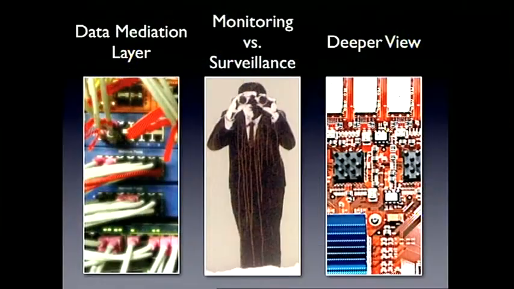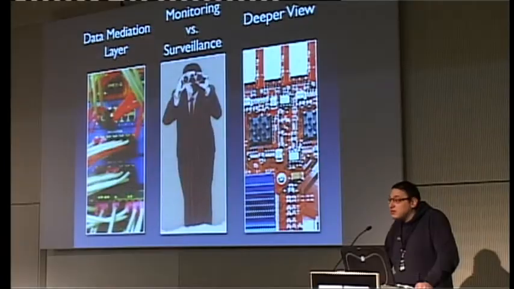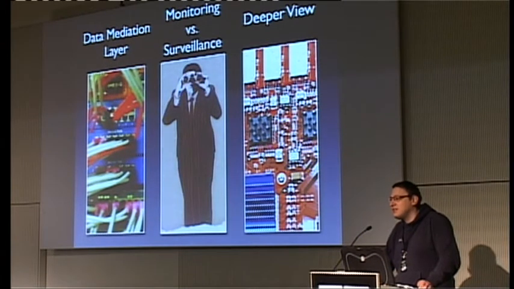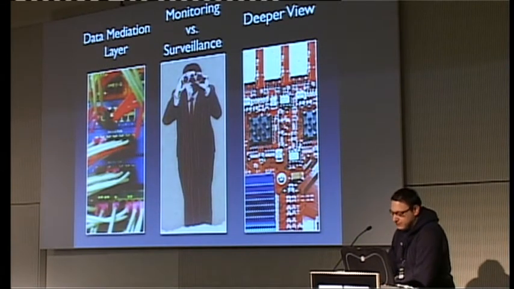The second part is about monitoring, and in contrast to surveillance, what's the difference, and what you can do nowadays without data retention, so how it's possible to capture data or identify persons without data retention. And the third part is a deeper view of the devices themselves which are used, like the security of the devices and where the problems are.